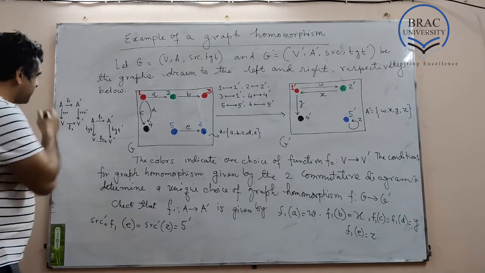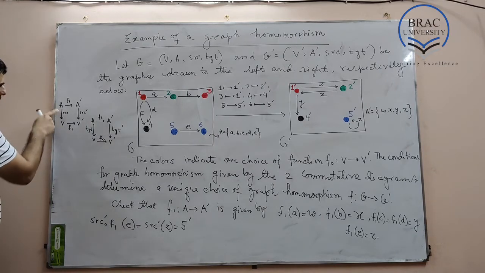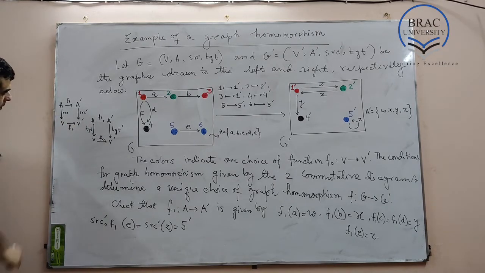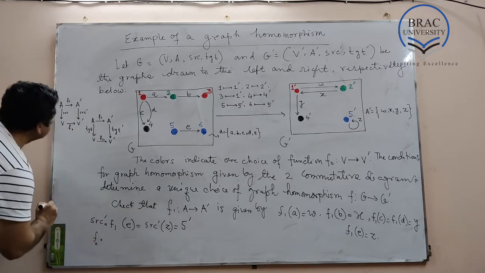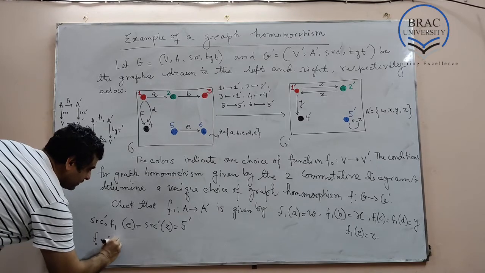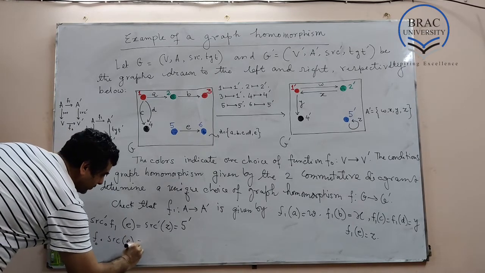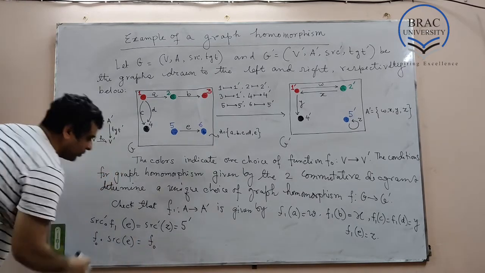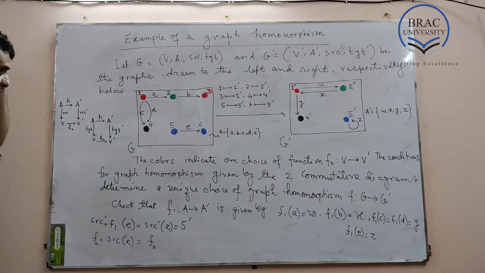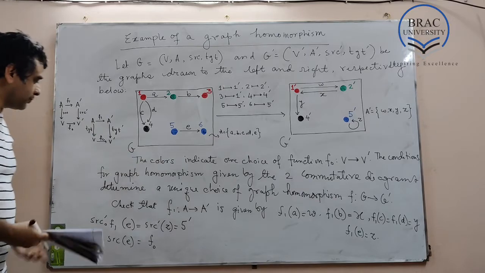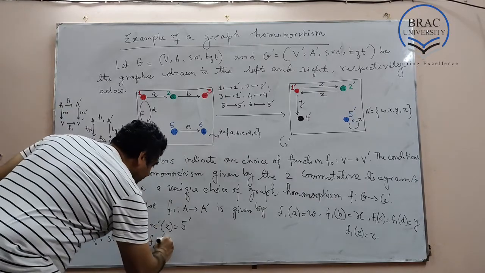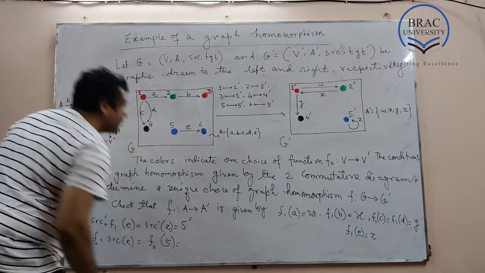And now we need to go from A to V prime via this path, and which is what? F sub 0 composed with SRC acting on E is equal to F sub 0 of what? What is SRC of E? The source of this arrow E is 5, so F0 of 5, right?